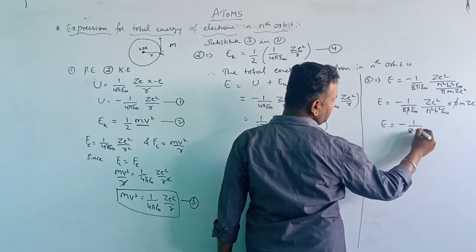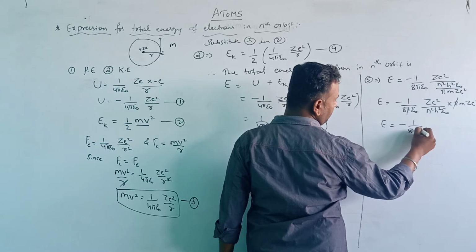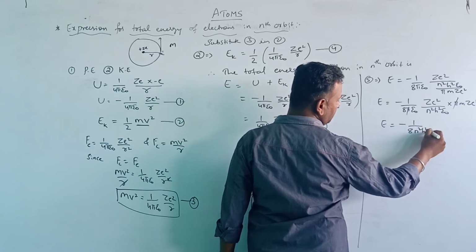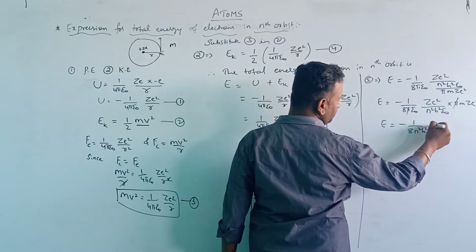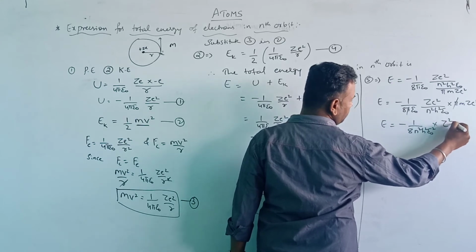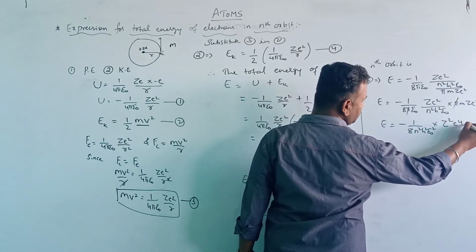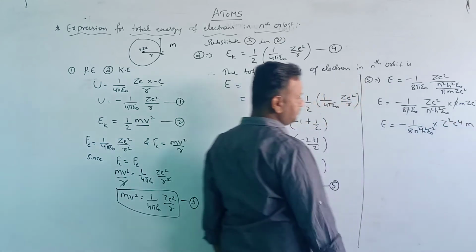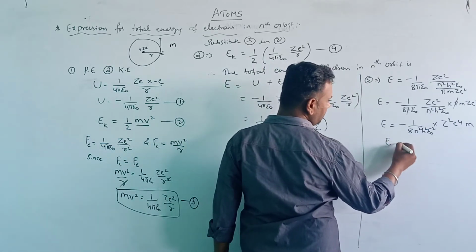8 n square h square epsilon naught square into Z square e to the power of 4 into m. So I am writing one more step here.